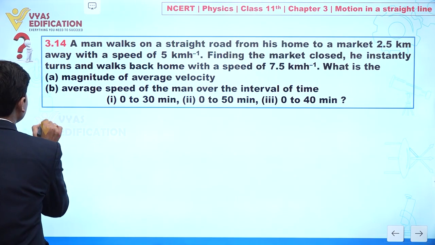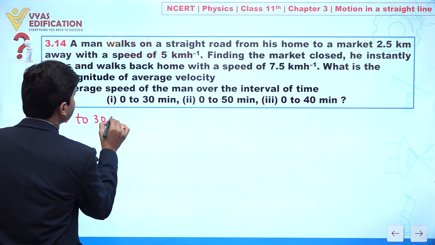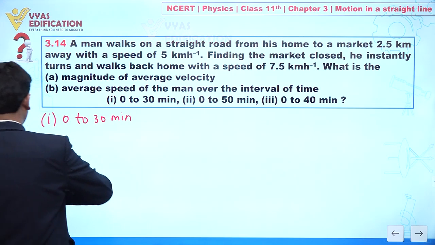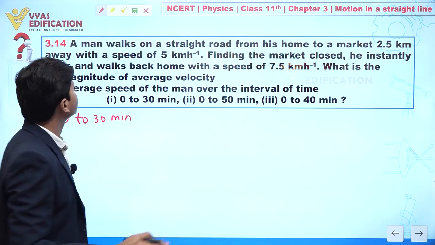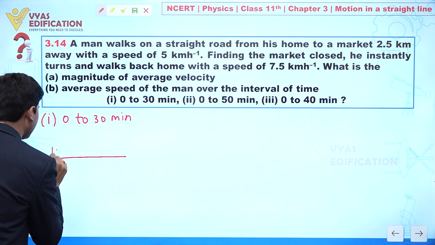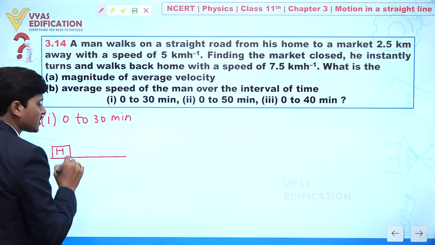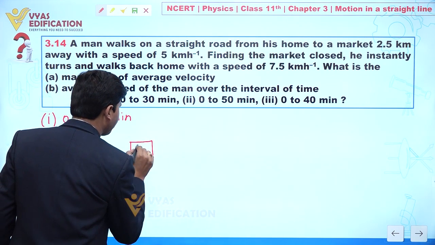So let's first calculate number 1, this is 0 to 30 minutes. Listen very carefully. First I am drawing the given situation, a man walks on a straight road. Let's suppose here we have the home of that person, and here we have a market.